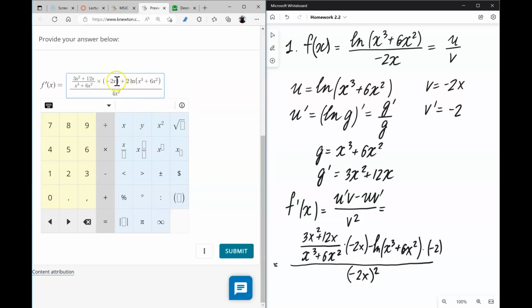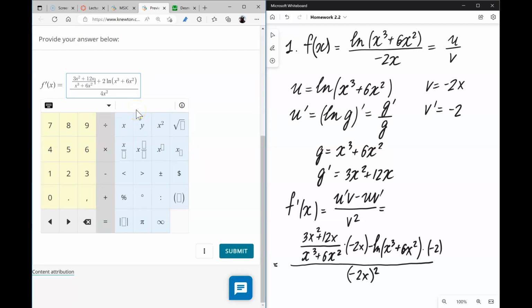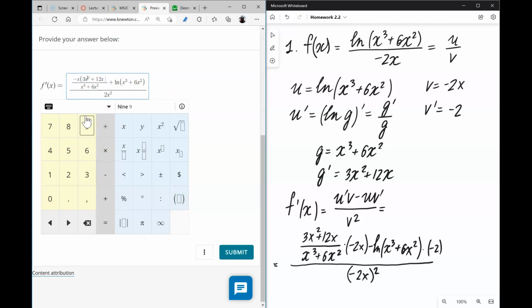That's the answer. And we can reduce it by 2, right? So this whole 2 can come out. So it's going to be 2 over here. There's no 2 over here. And here we just have negative x, which I can just throw in here in the numerator.